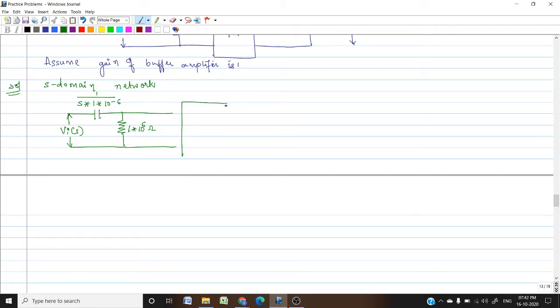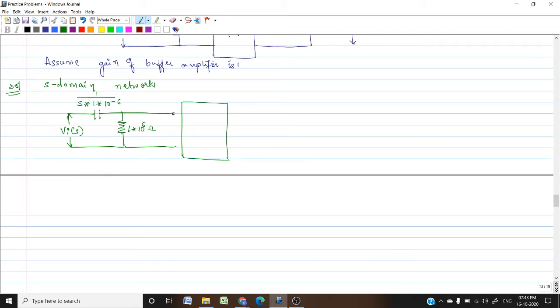Now the buffer amplifier is normally employed to provide electrical isolation to the network. You have a circuit which sometimes has a high power rating on the left side, while the right side circuit will be of low power. The right side can be sensitive enough, so you need electrical isolation between them, so that any damage in the left side of the circuit will not damage the right side.